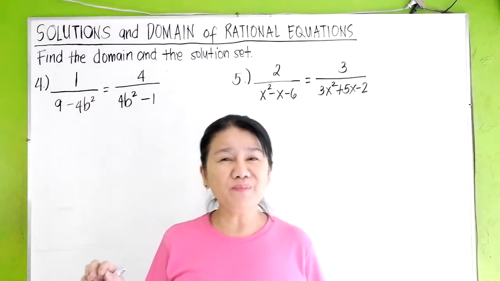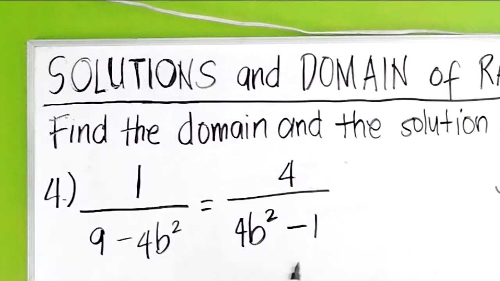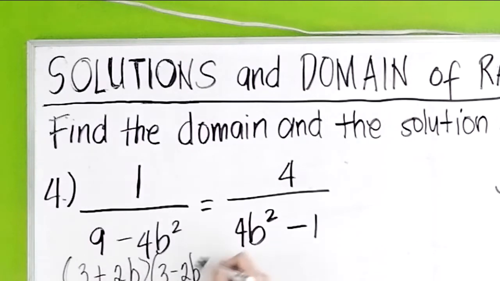Let's move to problem number 4. As you can see, I made it a little bit more difficult. In the previous examples, the denominators are just very simple. This time, the denominator is a difference of 2 squares. So you can factor it as 3 plus 2b times 3 minus 2b.